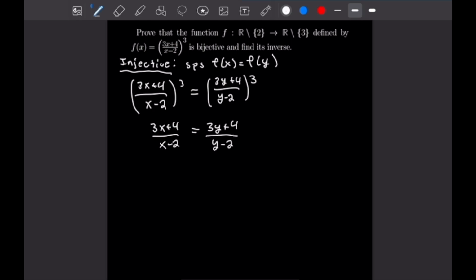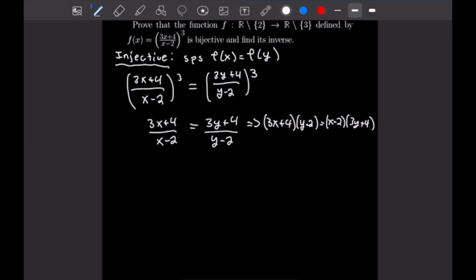Great. So from here we're going to clear our denominators, and that will give us the following equation. We'll have 3x plus 4, and that will be times y minus 2 is equal to x minus 2 times 3y plus 4.